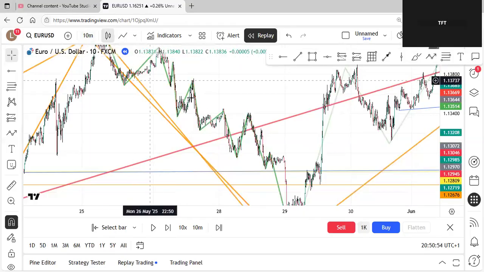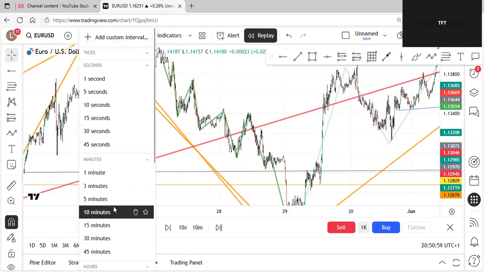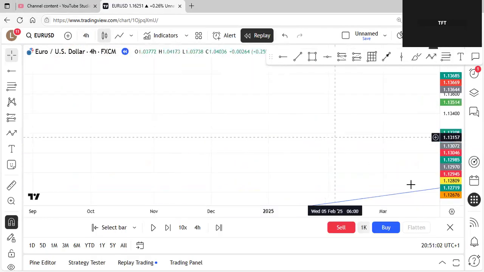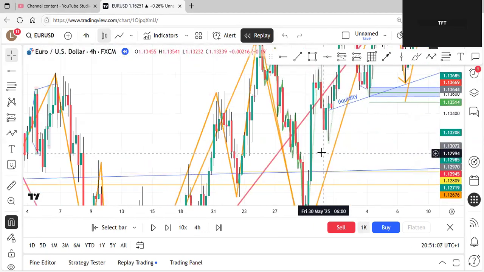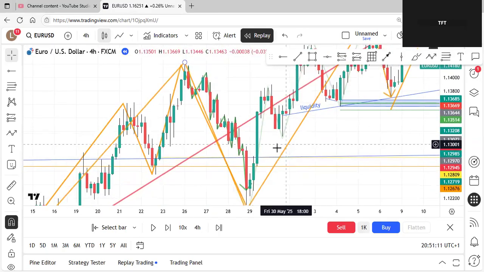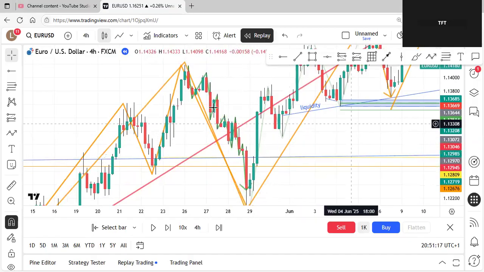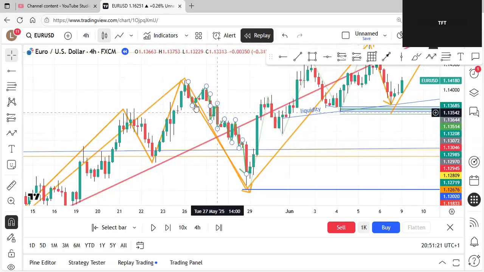If I zoom out to the 4 hour, you probably can't even see this green line structure. Maybe, but I don't think you'd be able to mark that as a structure on the lower time frame.